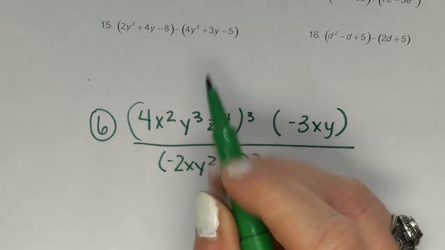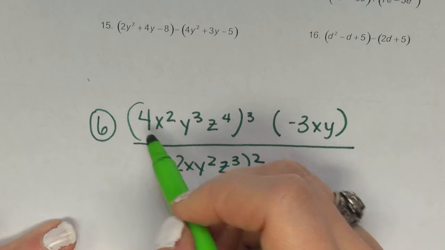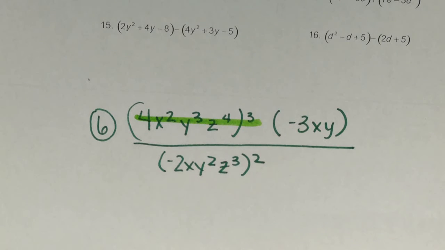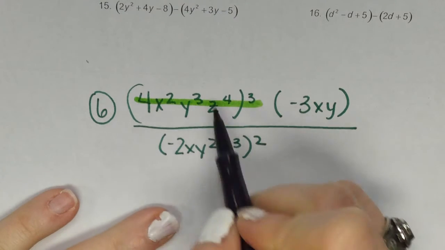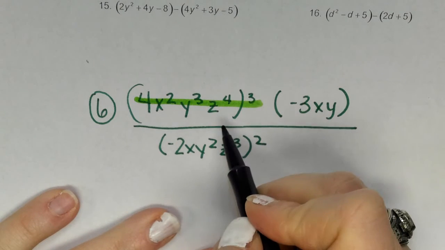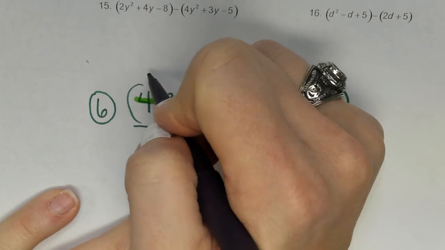So we're going to simplify this first on top. Everything inside this parentheses is to the third power. So that 4 goes to the third power. 4 times 4 times 4 is 64.